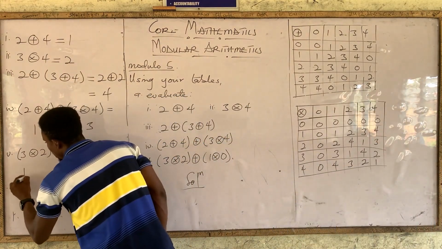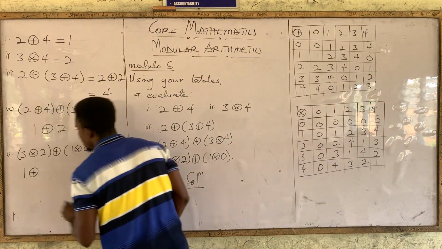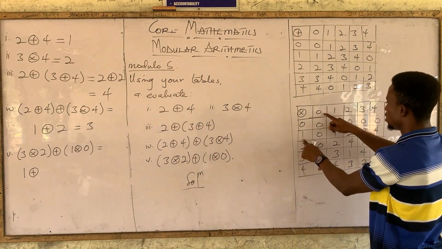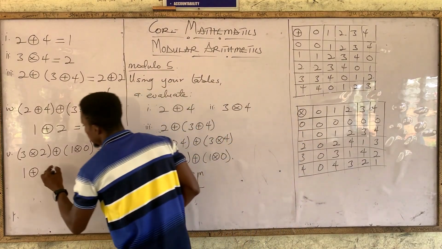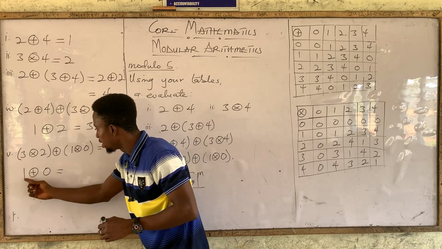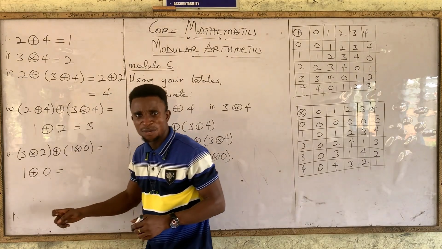So I have my 1, then plus 1 times 0, that is 1 times what? 0, and that is what? 0. So this is getting me this, and this is getting me that. I hope you're able to get that.